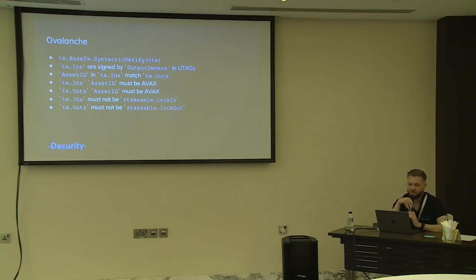This task is actually based on one of our audits. We were auditing an Avalanche fork, so we just tried to re-implement what we had seen in this audit. Basically, we added just one transaction called transfer transaction.